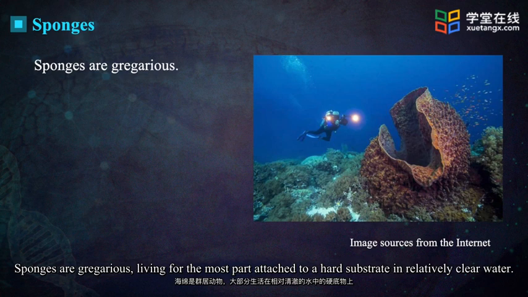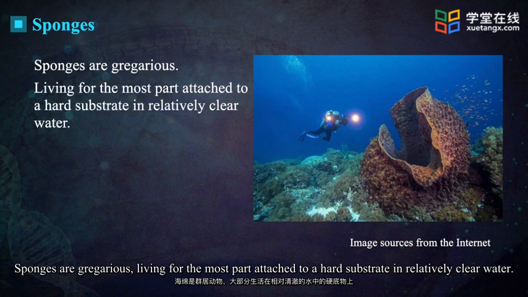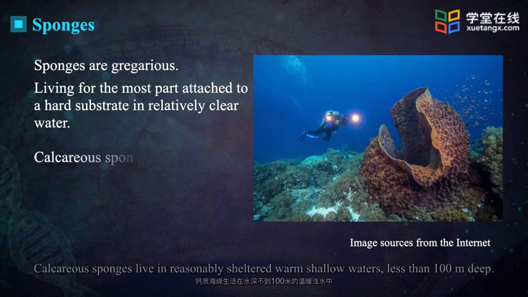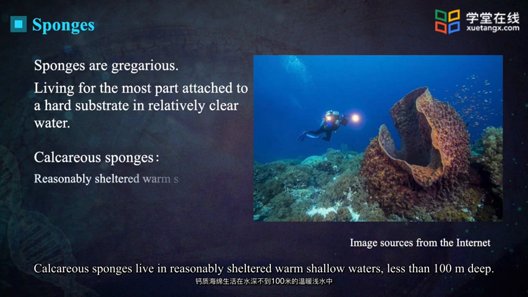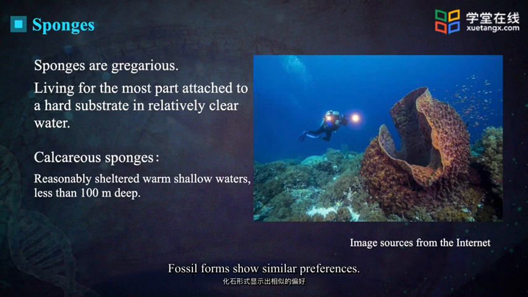Sponges are gregarious, living for the most part attached to a hard substrate in relatively clear water. Calcareous sponges live in reasonably sheltered, warm, shallow waters, less than 100 meters deep. Fossil forms show similar preferences.